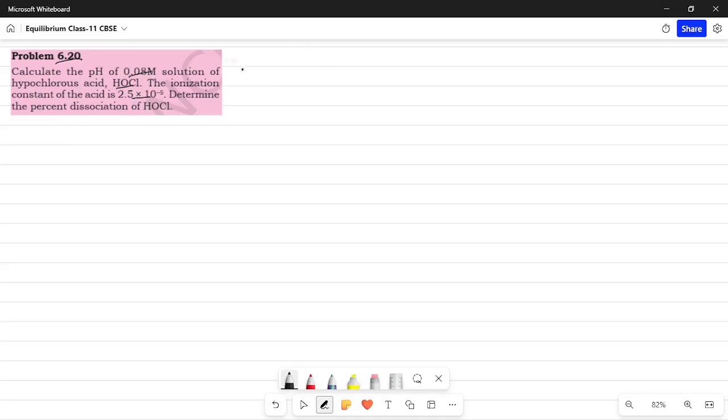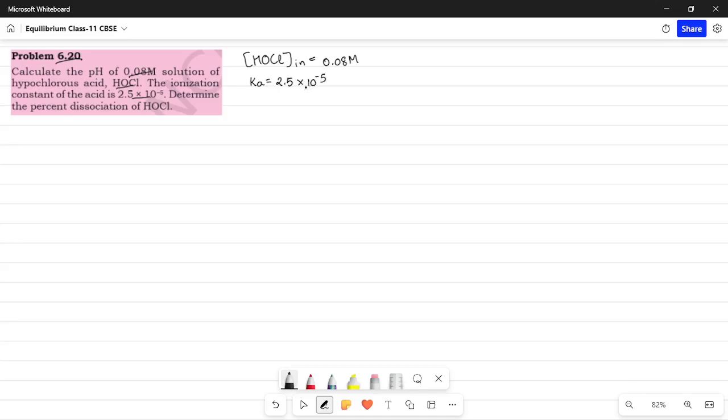So let's write down what's been given to us. We've been given the initial concentration. So I'm just going to say HOCl initial is 0.08 molar. We've been given that the ionization constant, which is represented by Ka, is equal to 2.5 into 10 to the power minus 5.